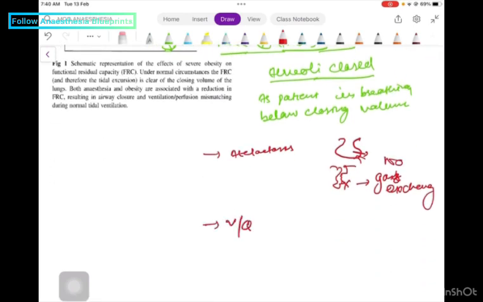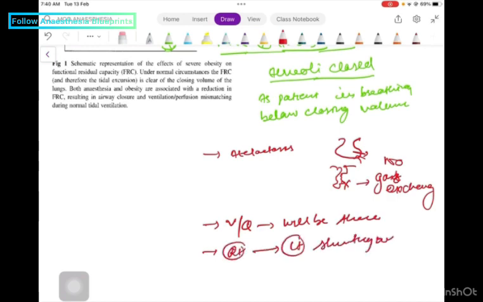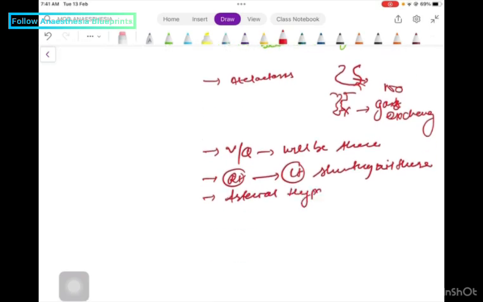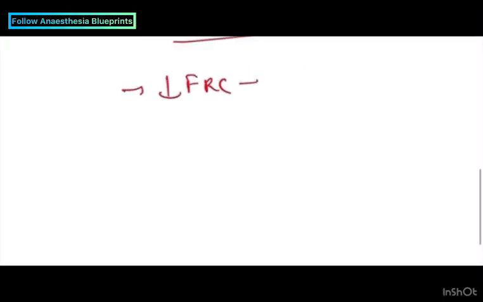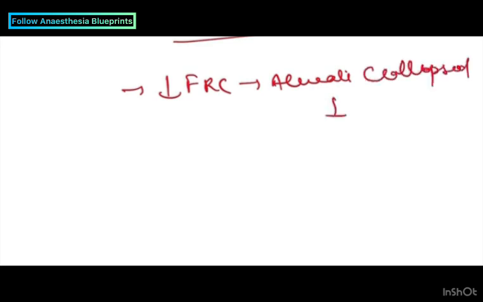So VQ mismatch will be there, right to left shunting will be there, and arterial hypoxemia will be there. Actually, due to decreased FRC, alveoli collapsed as the patient is breathing below the FRC and below the closing volume.